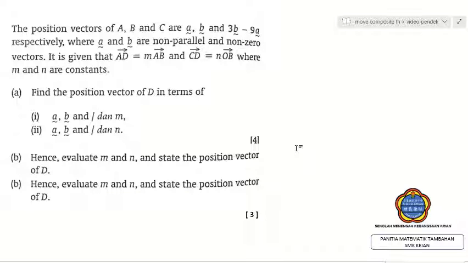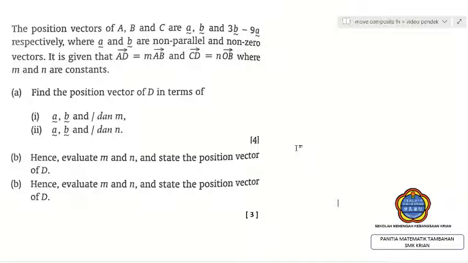Okay, this is the first question I want to introduce, which is mostly related to 8.3. The position vectors of A, B and C are vector a, vector b and 3b minus a respectively, where a and b are non-parallel and non-zero vectors.